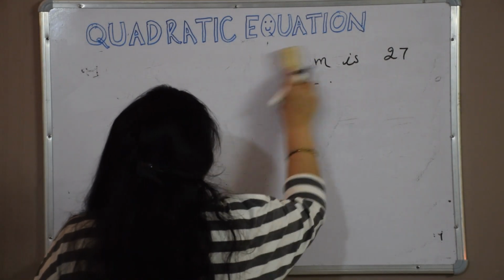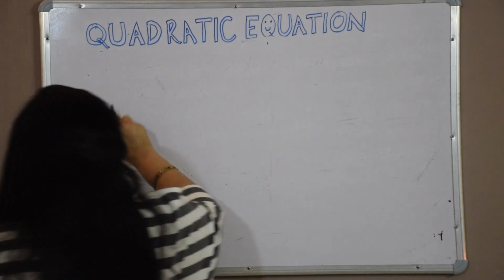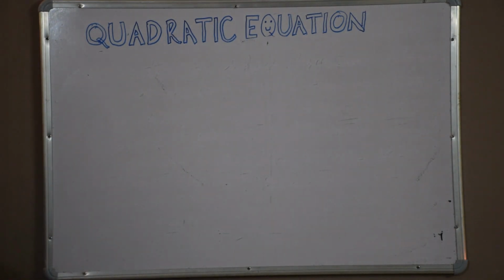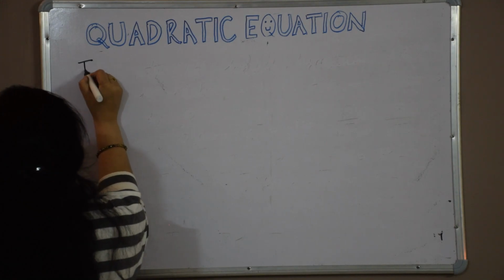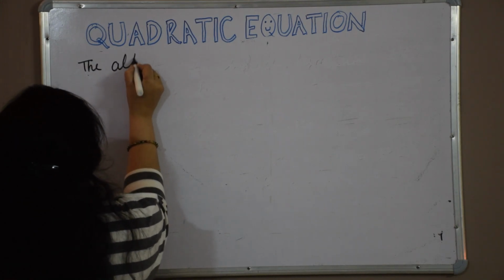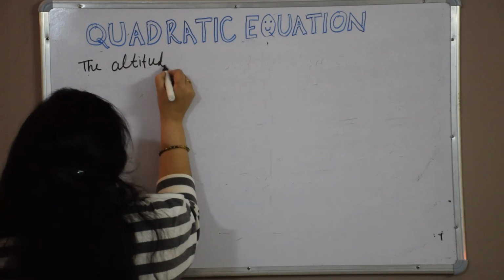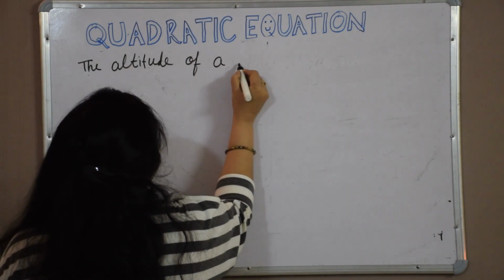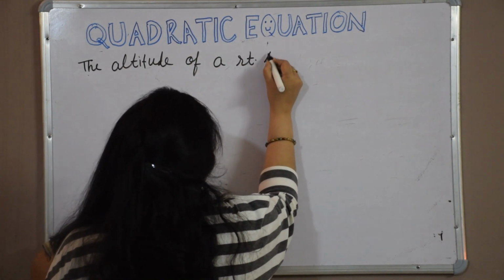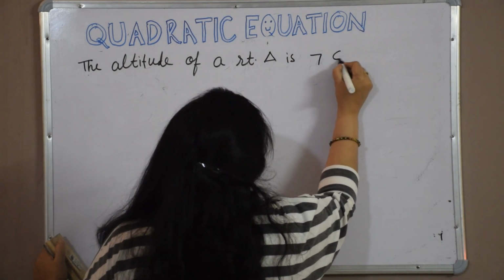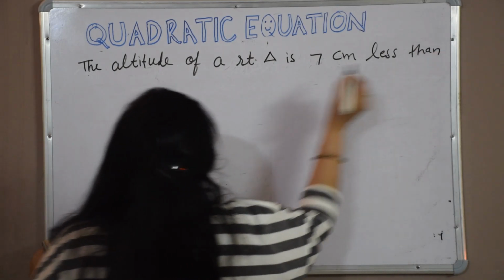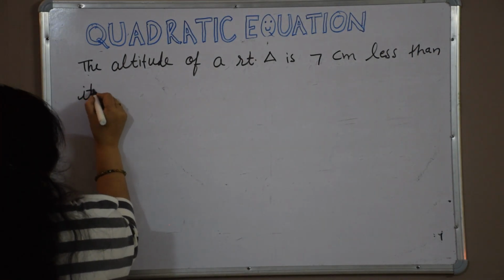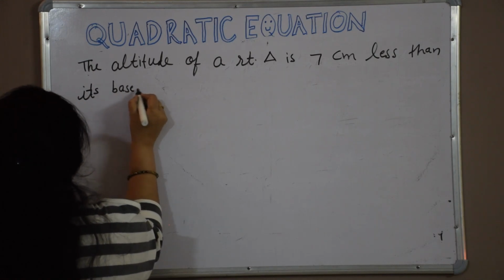Now we will take one more statement sum. The altitude of a right triangle is 7 centimeter less than its base.